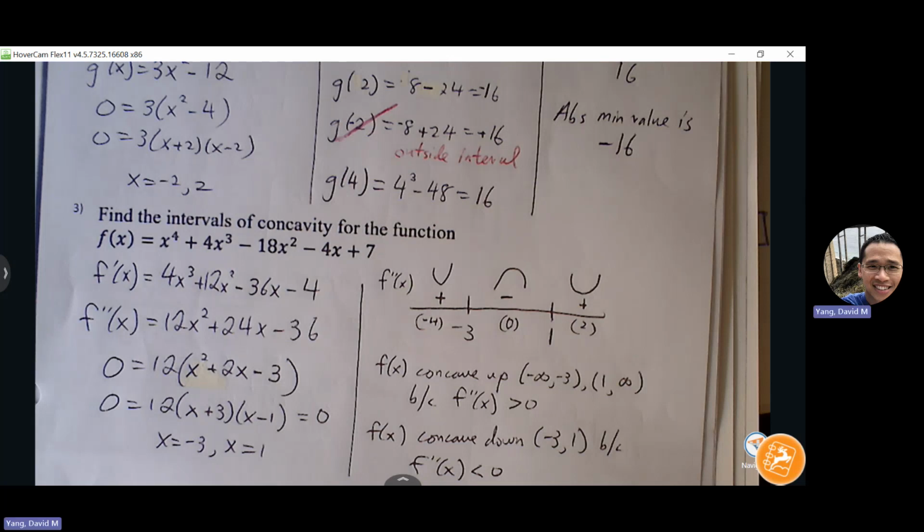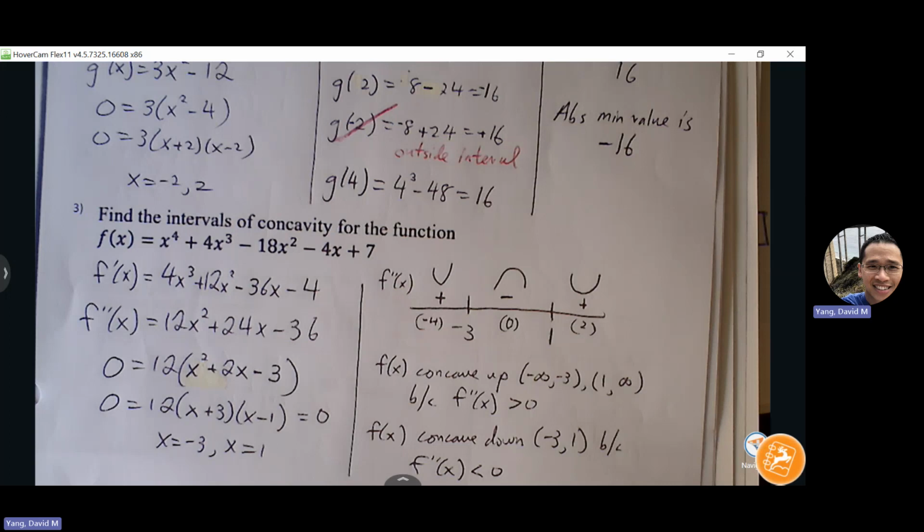Points of inflection can't be sharp turns? Yes, points of inflection can be sharp turns.